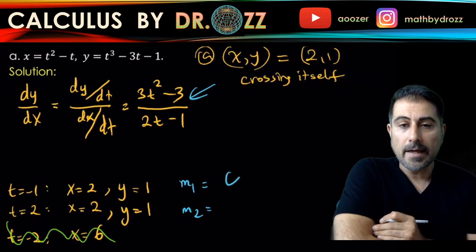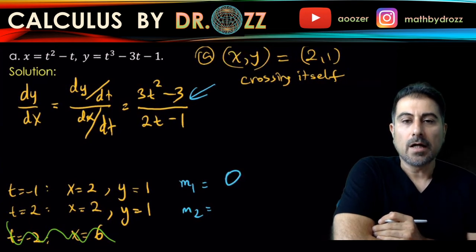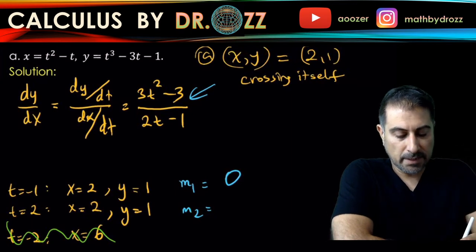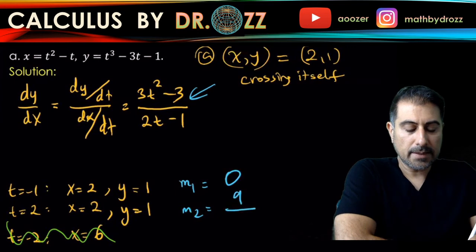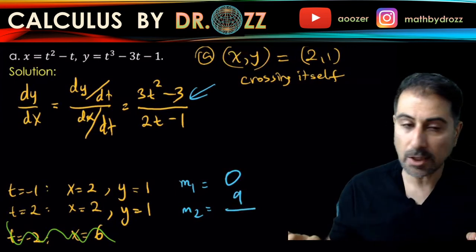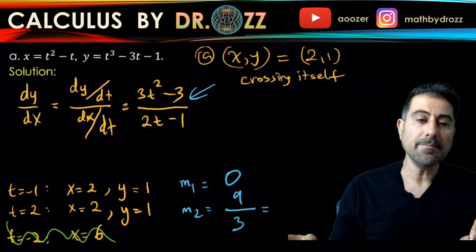Okay? And for m2, t equals 2: 2 squared equals 4, 4 times 3 equals 12, minus 3, so the top is 9. And the bottom is 2 times 2 minus 1. That is 3. So the second slope has to be 3.